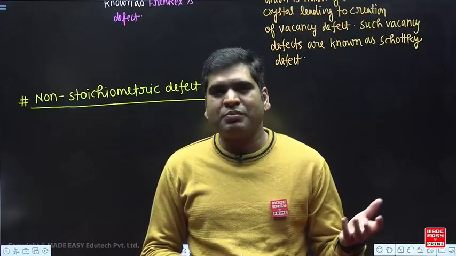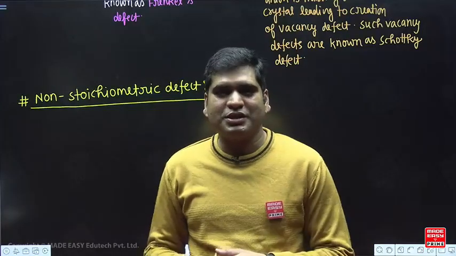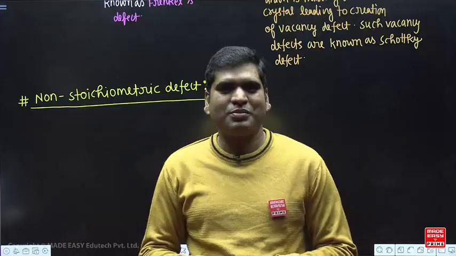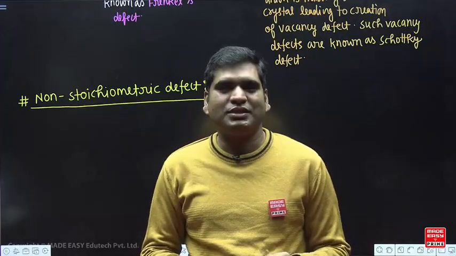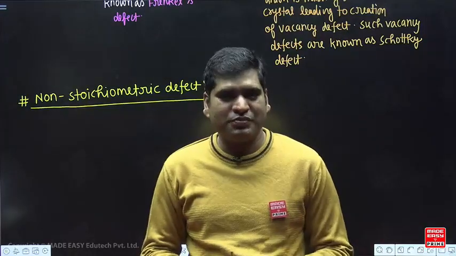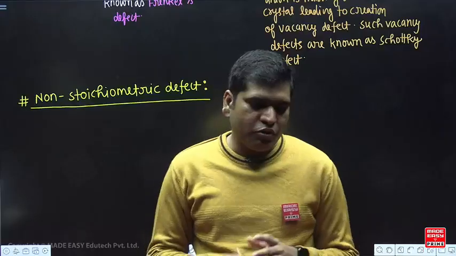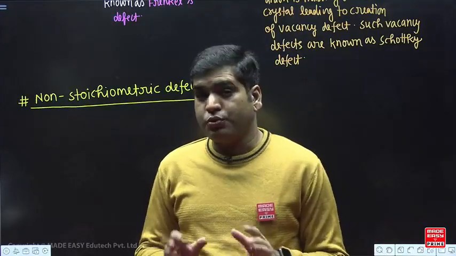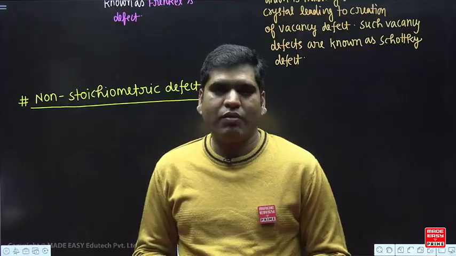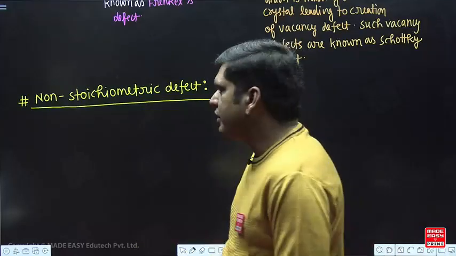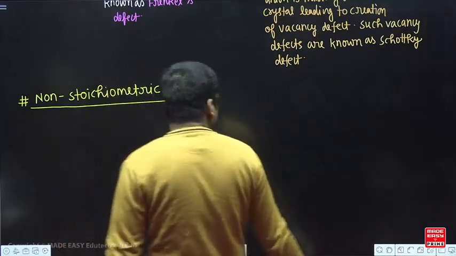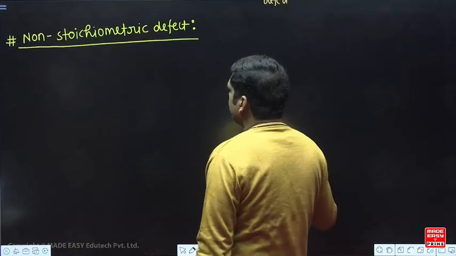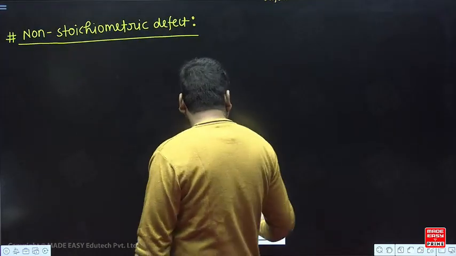Means either the number of cations is increased or it is decreased, then the ratio will be disturbed, and then you can say that non-stoichiometric defect has been formed. ध्यान रहे, no matter what kind of defect is formed, crystal must be neutral. So first let us define non-stoichiometric defect, and then we would be talking about the types of non-stoichiometric defects.